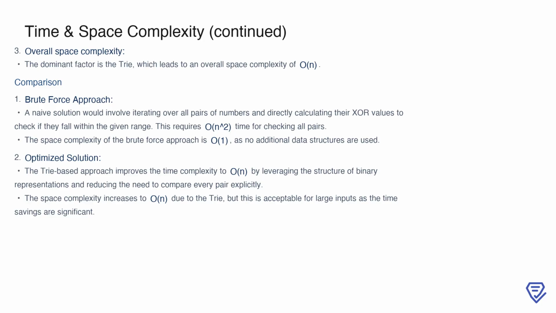However, the space complexity of the brute force approach is only 1, because it does not rely on auxiliary data structures. In contrast, the optimized tree-based solution significantly reduces the time complexity to n, by eliminating the need to evaluate every pair explicitly. Although the space complexity increases to n due to the tree, this trade-off is highly efficient for large inputs, where the time savings are far more impactful.